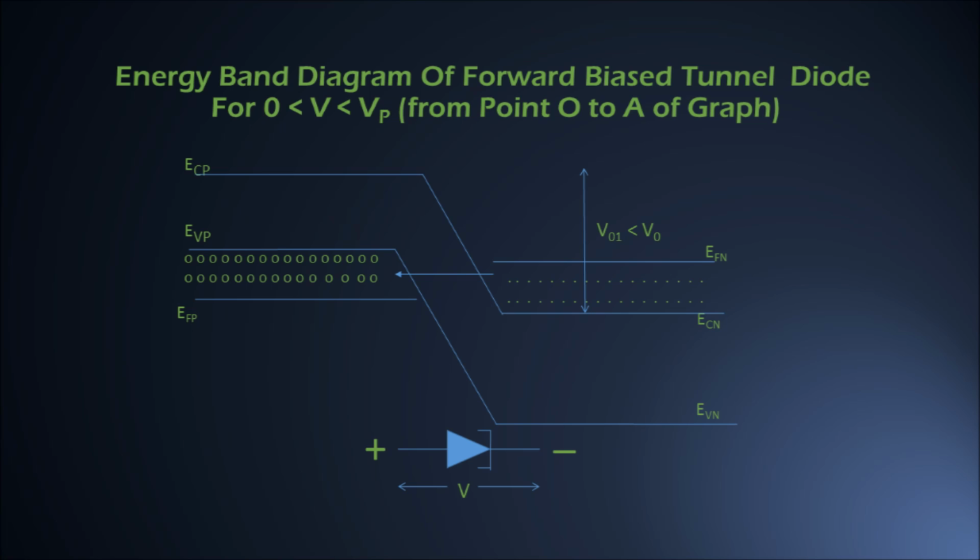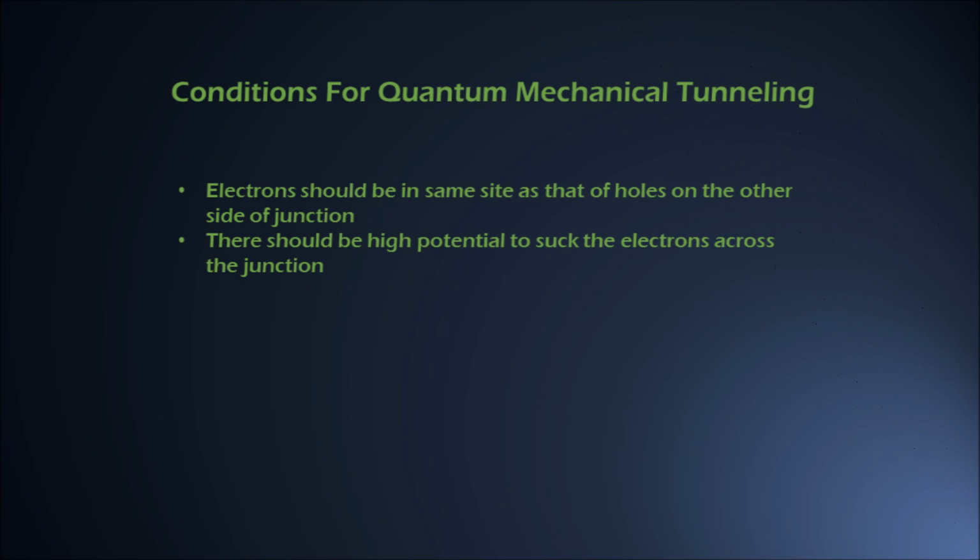Even now, the height of the potential barrier is so large that free electrons from the n side can't jump over to the p side. The presence of forward current in this region can be explained by the process of quantum mechanical tunneling, for which the following two conditions must be satisfied. Number 1, the filled states on the n side should be at the same level as the empty states on the p side.